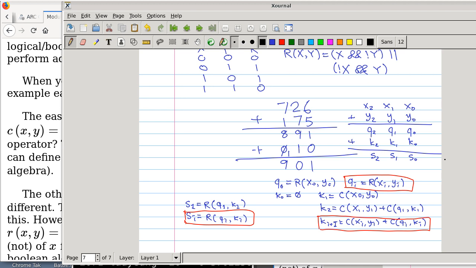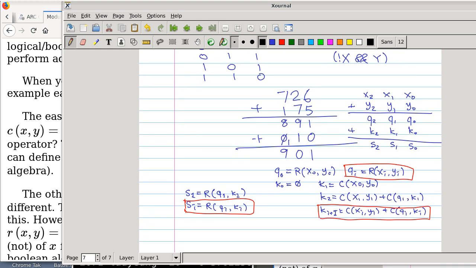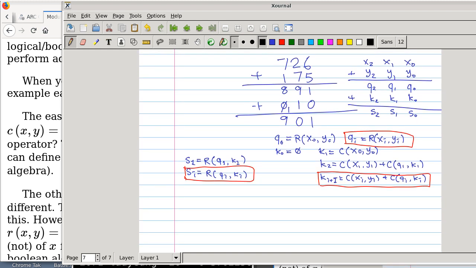So are we good at this point? Yes? Okay. Obviously in base 10, the R function is going to be different from the R function in base 2. Is that making any sense?